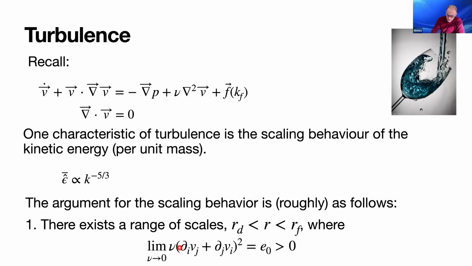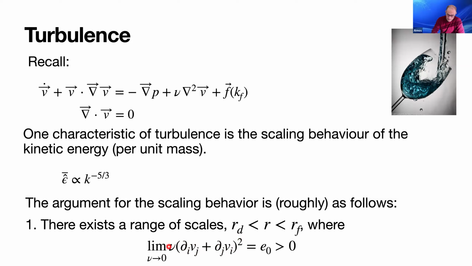This expression here is the symmetric derivative of the velocity field. This is sometimes called the shear tensor. And by squaring it, I just mean writing it twice and contracting the indices with themselves.